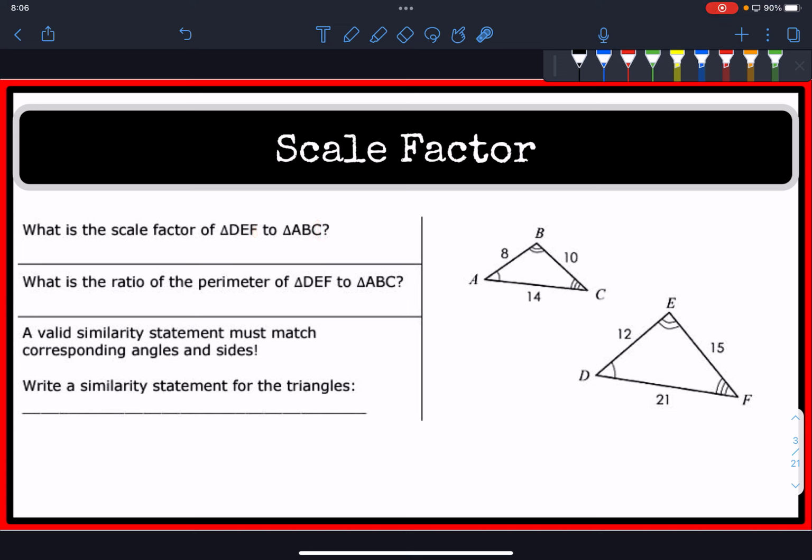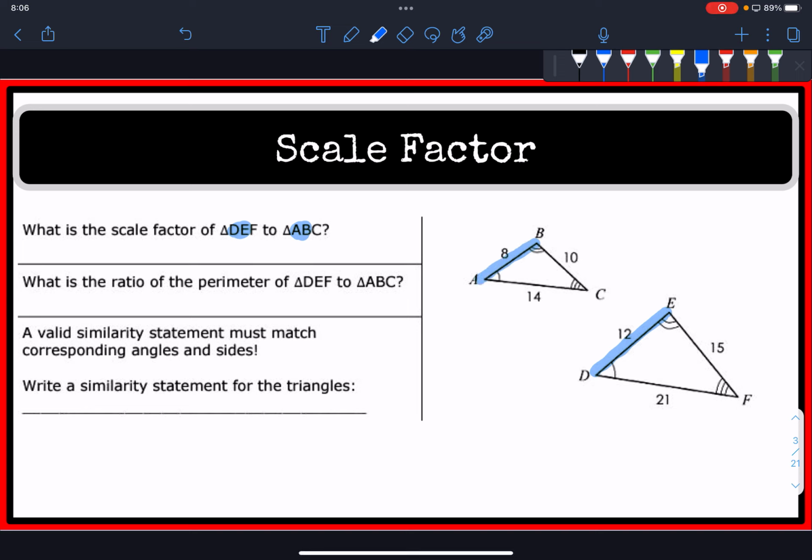Relating that, the segment DE, this one here, is going to be proportional, and it corresponds to the side length of AB.